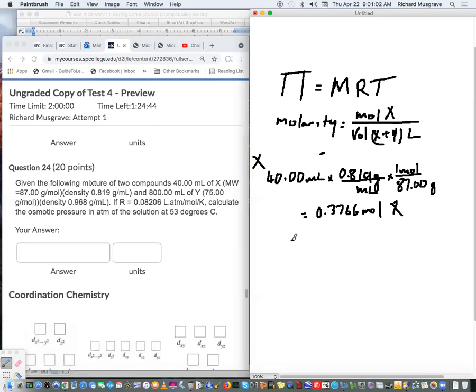Now we need the volumes. All the volumes here, that's easy. It's going to be 840. So that'd be the volume of X plus Y in liters. It's going to be 800.00 mils plus 40.00 mils.